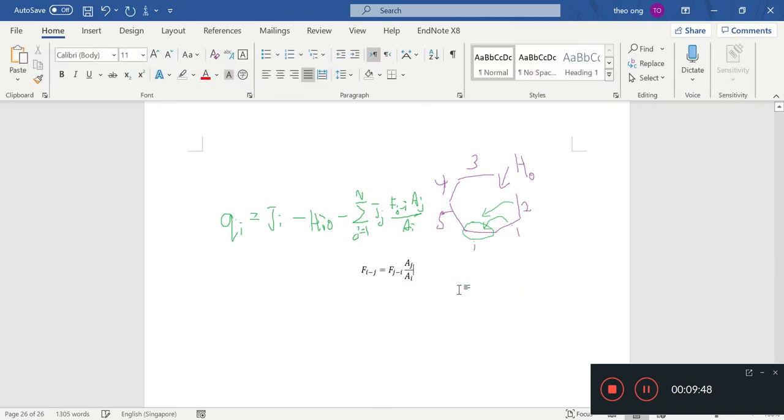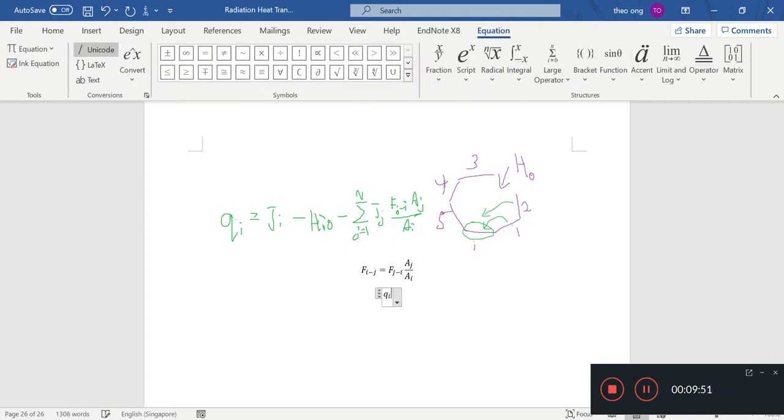So if we were to substitute this in, we will just get Q_I equals J_I minus H_I naught, and then you will have to subtract the sum from J equals 1 to N of J_J F_I to J, yes, I to J.